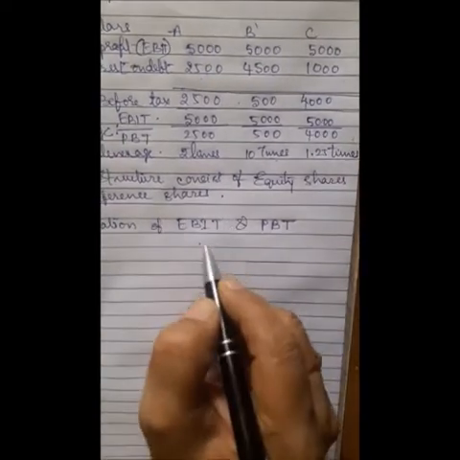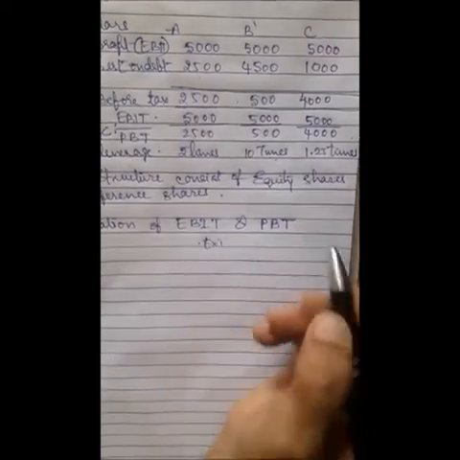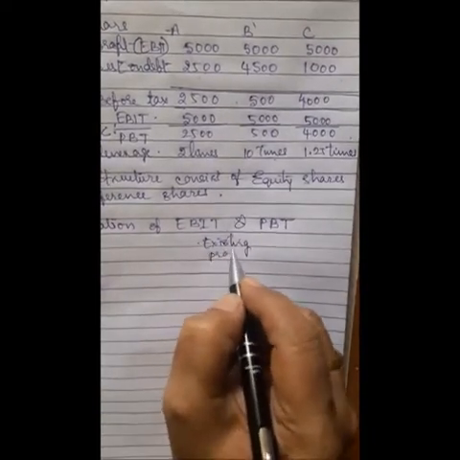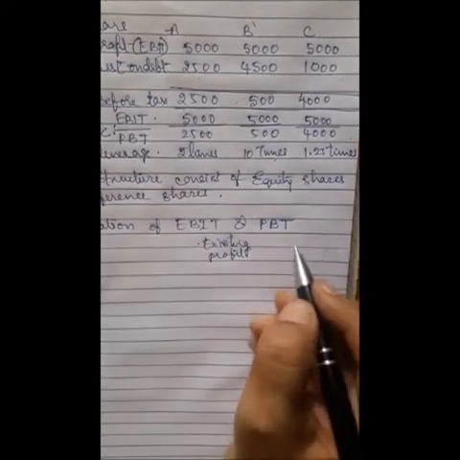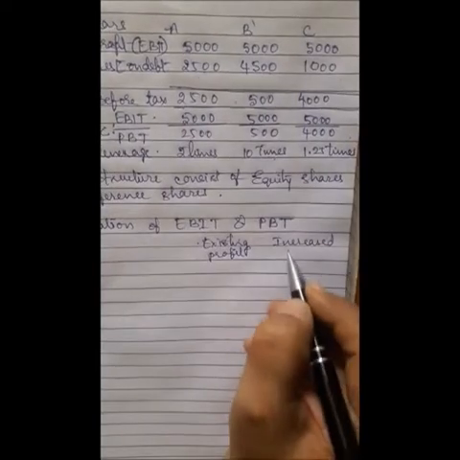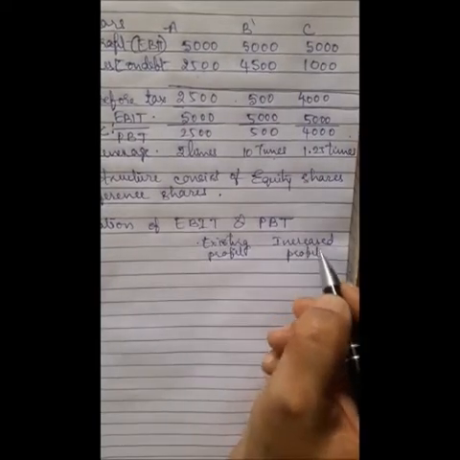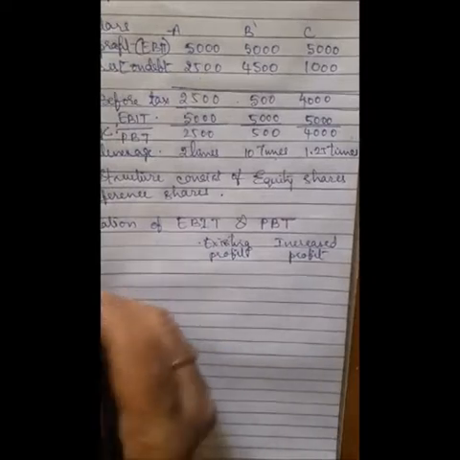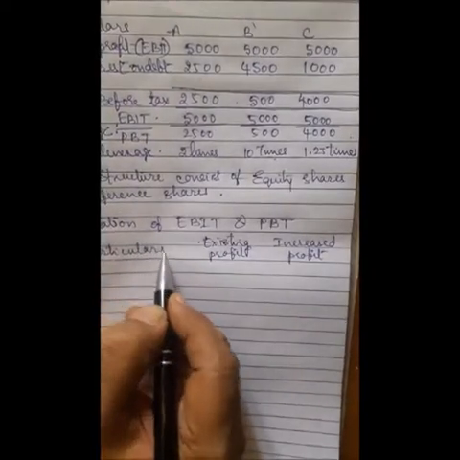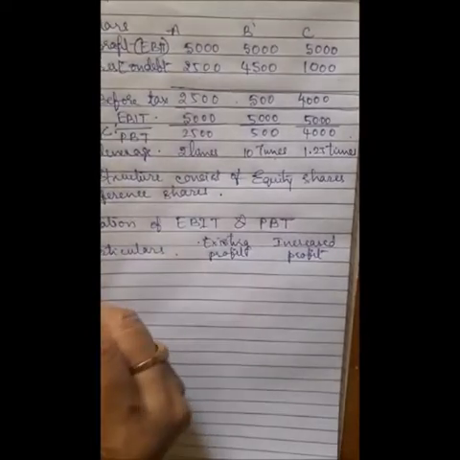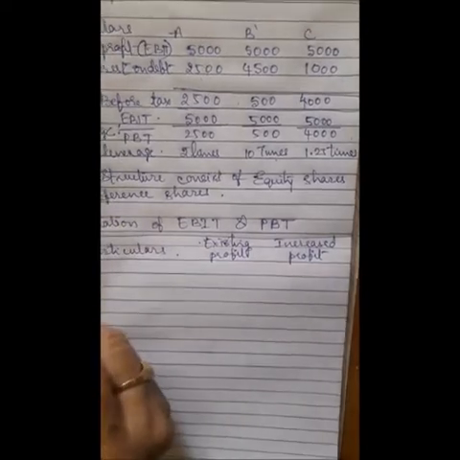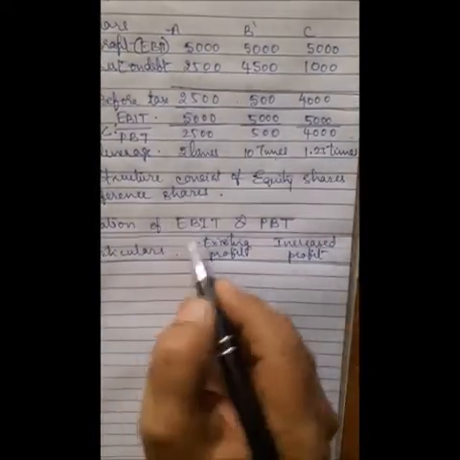So you take down two columns, one for existing profits and increased profit. So you have to take particulars like this. Put a column over here, make a line like this.